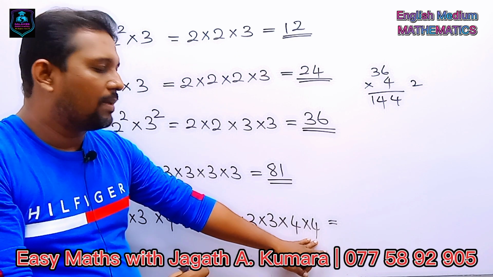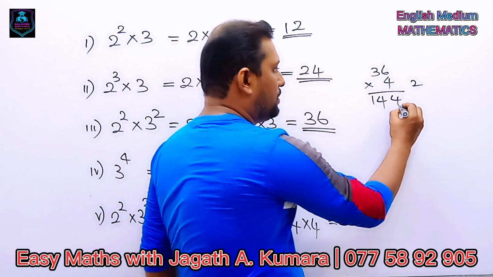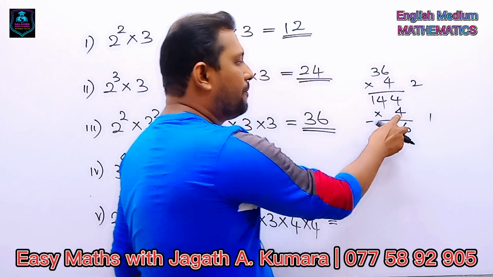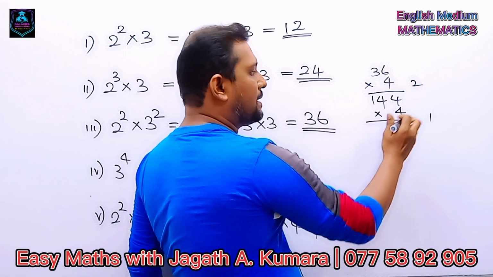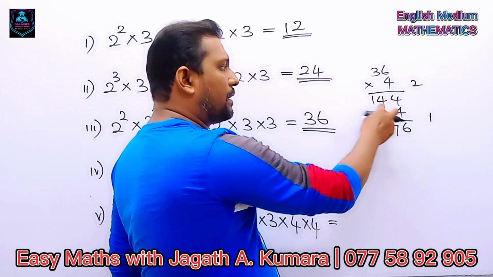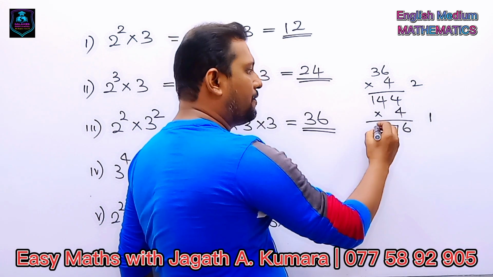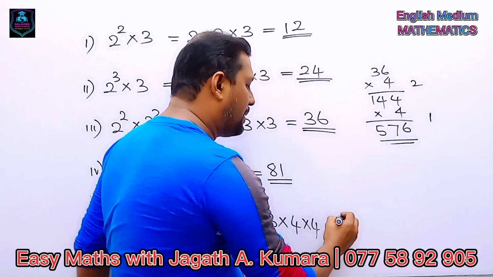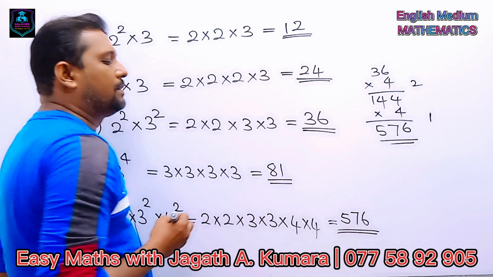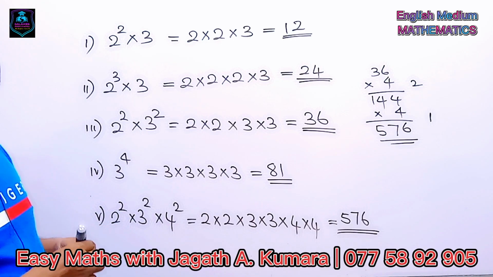Again you have to multiply by 4. 4 times 4, 16, remaining 1. 4 times 4, 16 plus 1, 17, remaining 1. 4 times 1, 4. 4 plus 1, 5. So the answer is 576. Right? They are the answers for the fourth question.